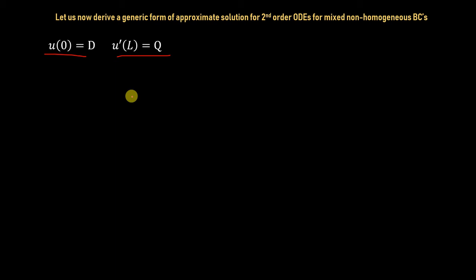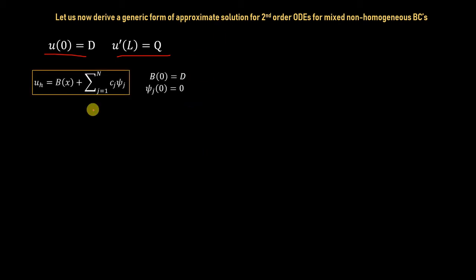This is going to be a bit mathematically tedious, but please bear with me. We'll go very briefly through the steps. So this is our initial trial solution, which is concerned with only the Dirichlet part. This is our boundary function b(x) with b(0) = d, and all the psi j's are 0 at 0.